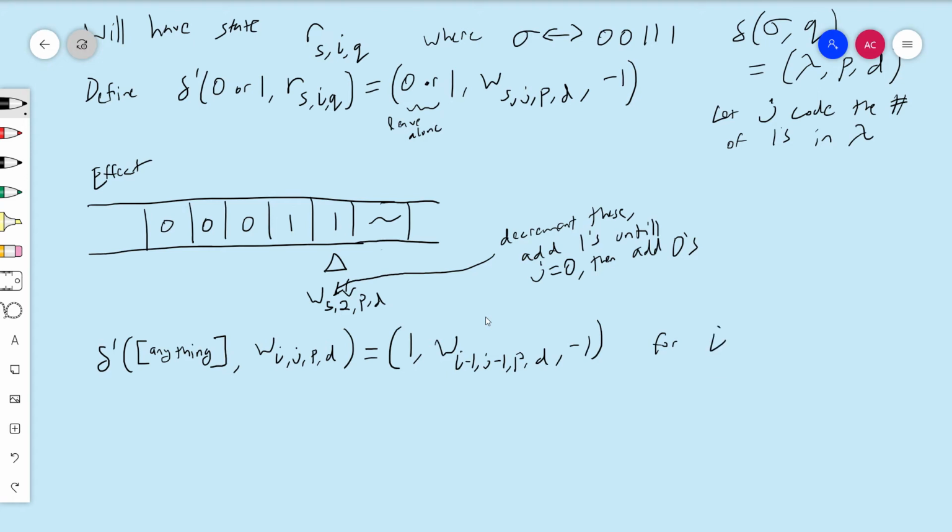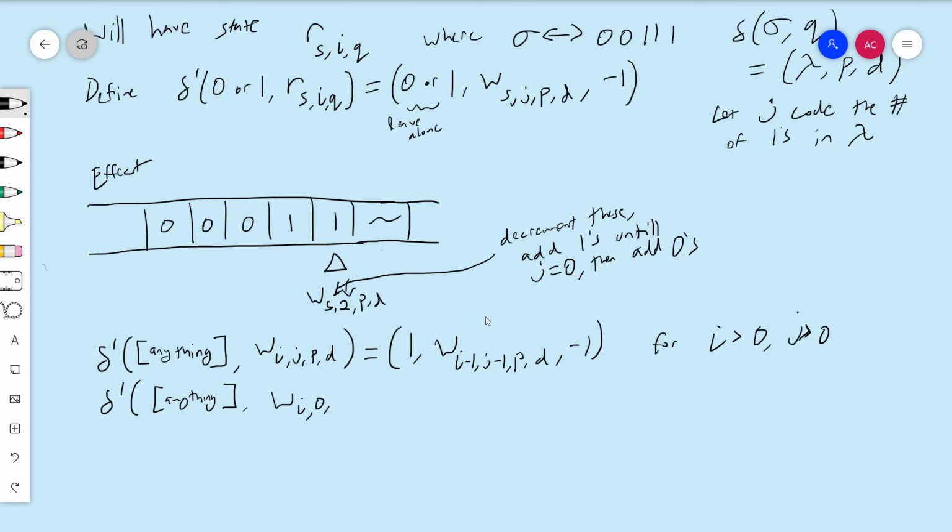For I greater than 0, J greater than 0, and that's that. And then we say delta prime of anything again, W, I, J. Now I'm going to look at the case where I is greater than 0 and J is equal to 0.